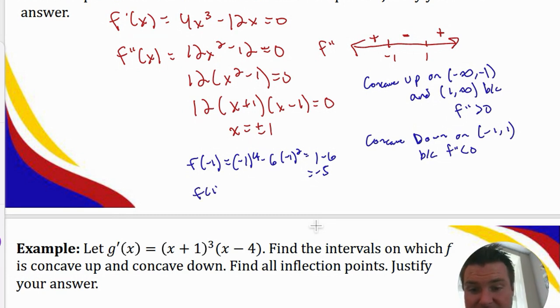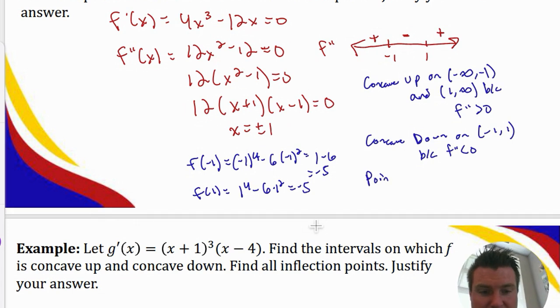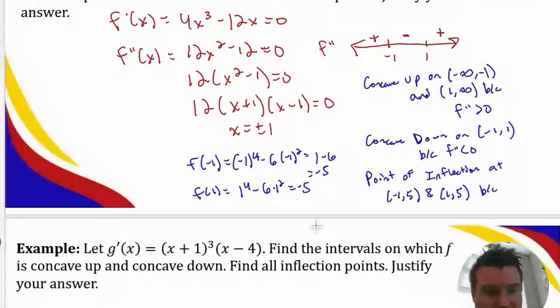And if I plug in a 1, I'm going to get 1 to the 4th minus 6 times 1 squared. I just get another negative 5. So I have points of inflection at negative 1, negative 5, and 1, negative 5, because f double prime changes signs.